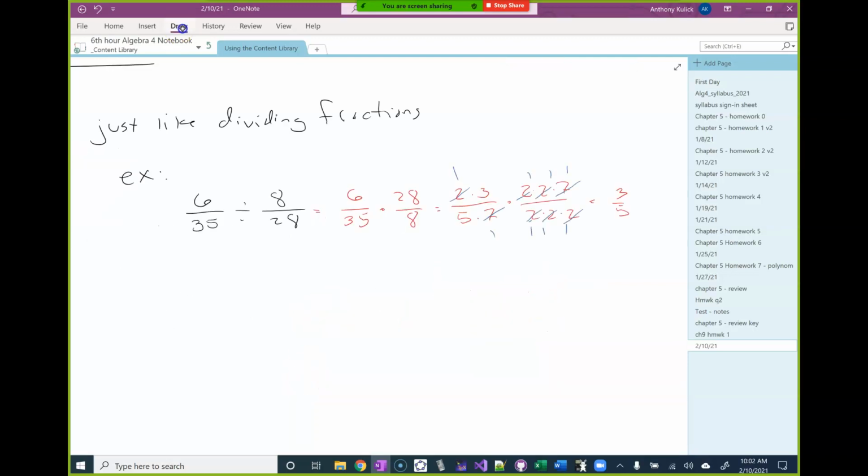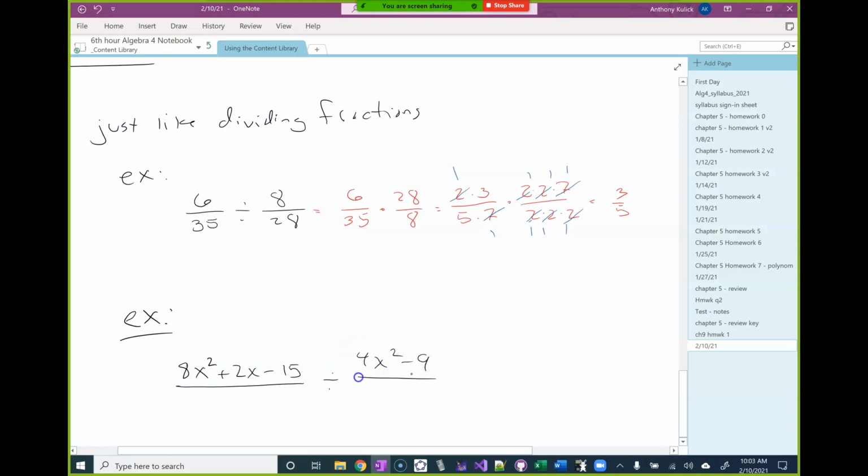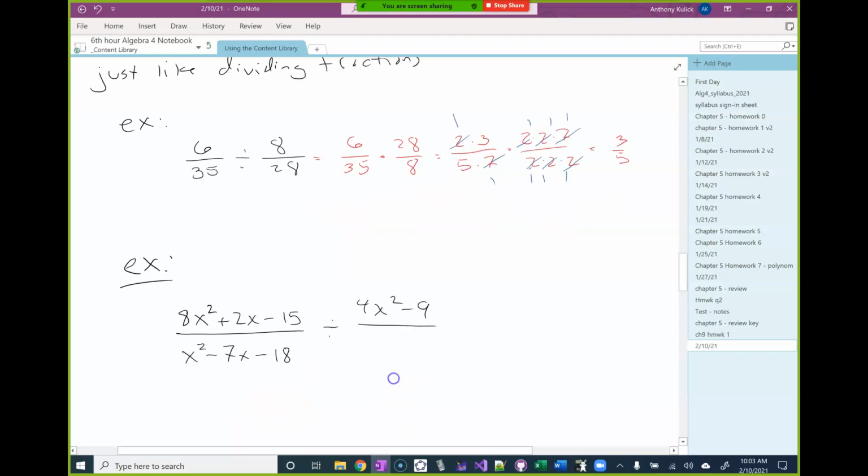All right, let's do one more example here with rational expressions. All right.